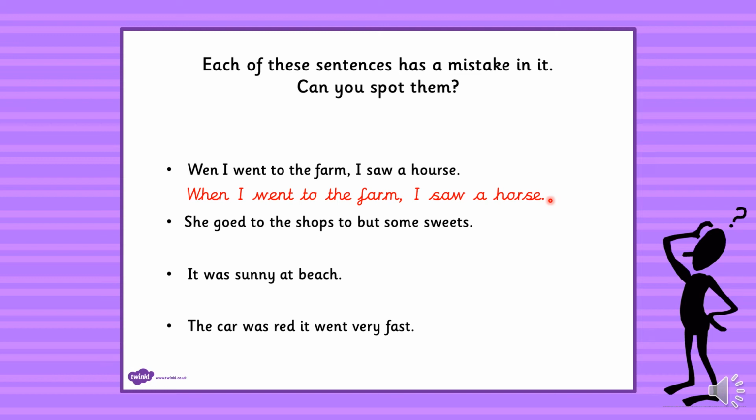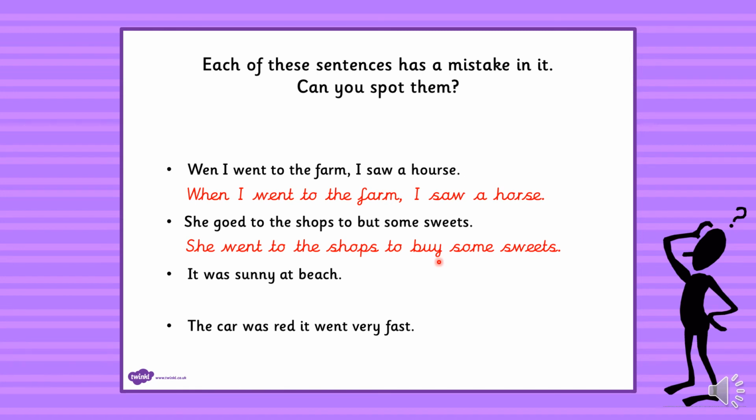Our second sentence, she go to the shops to buy some sweets, has got some grammatical errors in. It should say she went to the shops to buy some sweets. This verb here was incorrect. It should be went, and hopefully you spotted that this word here was spelt wrong and should have been spelt like this.